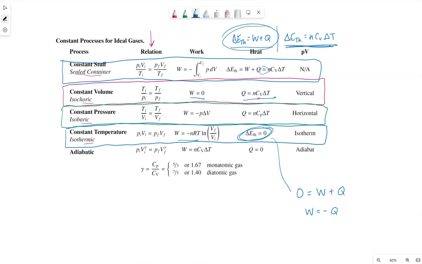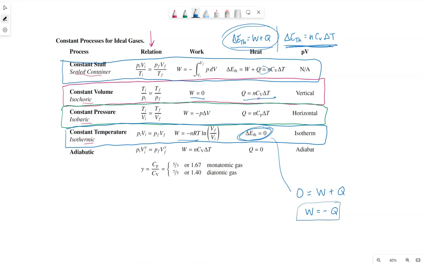This is a little counterintuitive in that we usually use the word heat in our normal lives to talk about temperature, so it is a gut instinct to think that if you don't change temperature, then you don't have heat. But that is not the case. We could have our container being heated by some sort of burner, some sort of flame. There can be energy exchange between the system and its surroundings because they are at different temperatures.